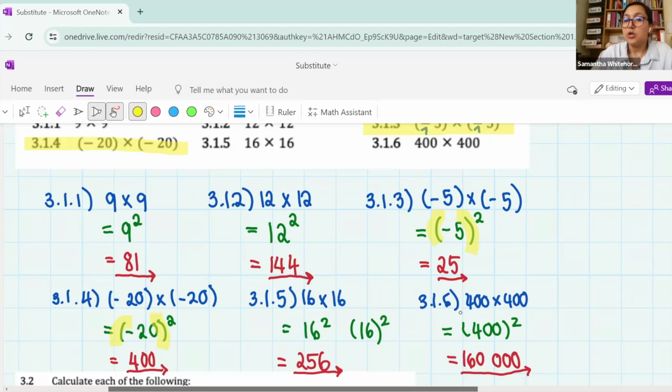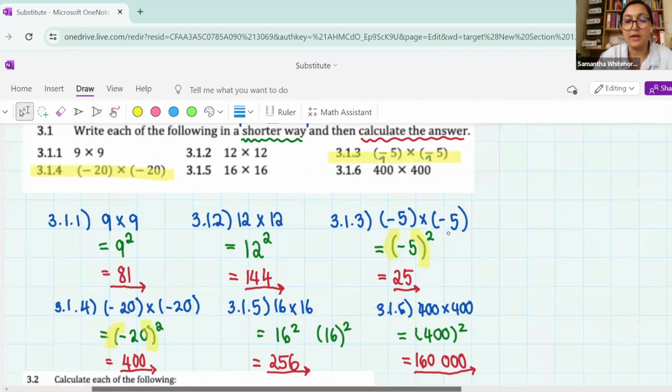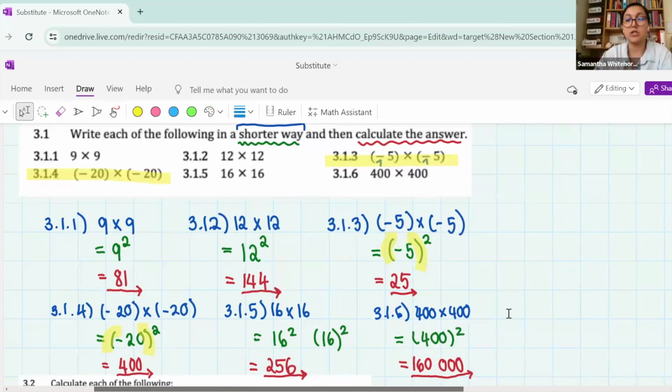Okay. So, Zandi, in answering your question, hopefully we were listening. Oh gosh, sorry guys. You do not have to put brackets if the value you are squaring is positive. If the value you are squaring is negative, you must put the brackets around. And I'm going to explain this now quickly. So guys, I'm going to say it again.